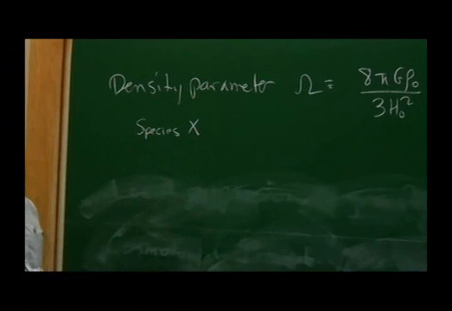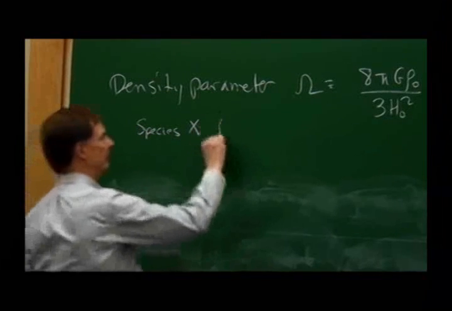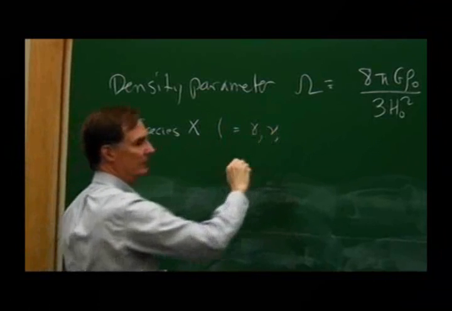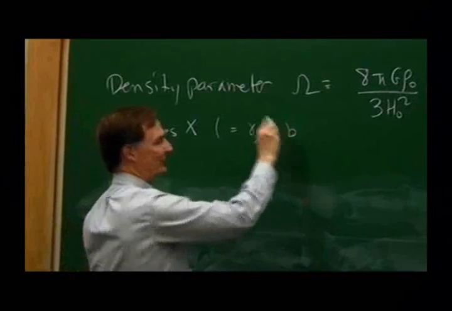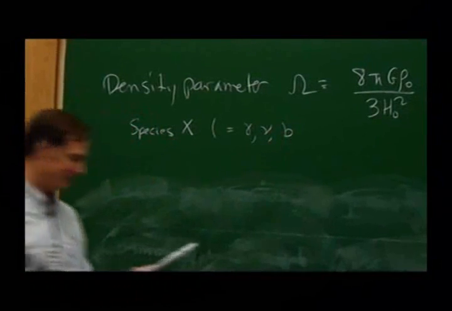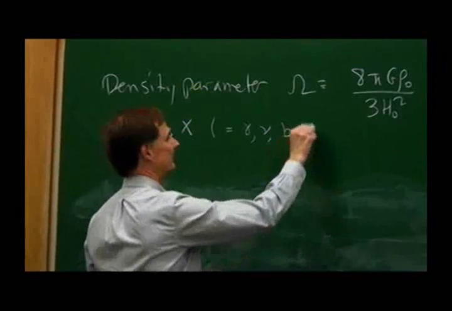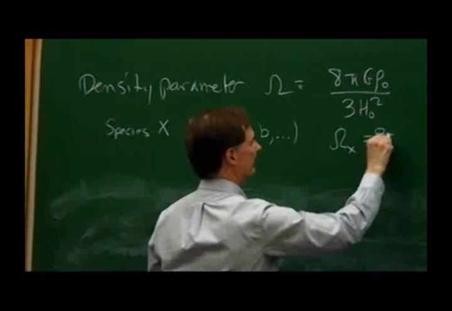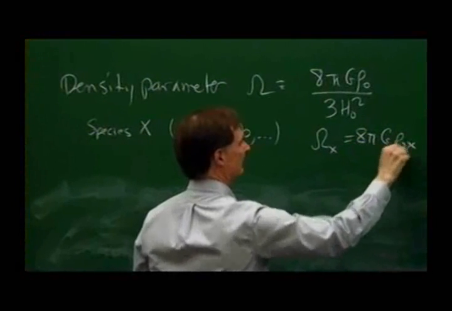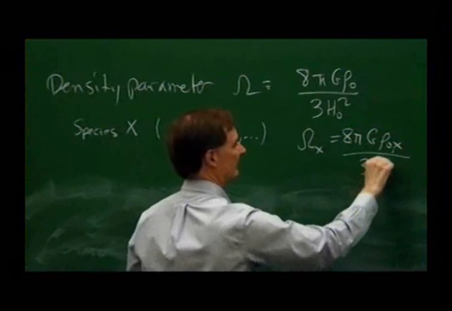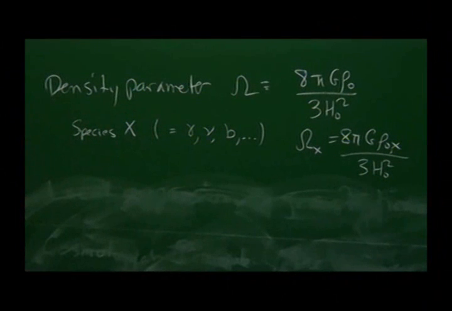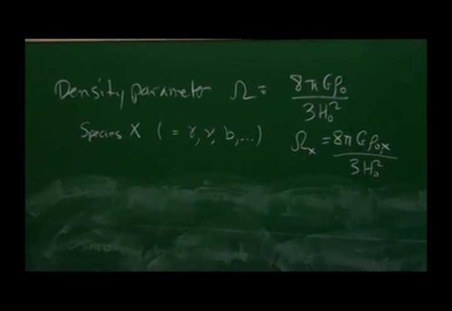If I describe a species by labeling it X, this could be photons, it could be neutrinos, it could be atoms, which are usually called B for baryons, B for atoms. Then I will have an omega sub X, which uses the density of that species, the average density of that species today.